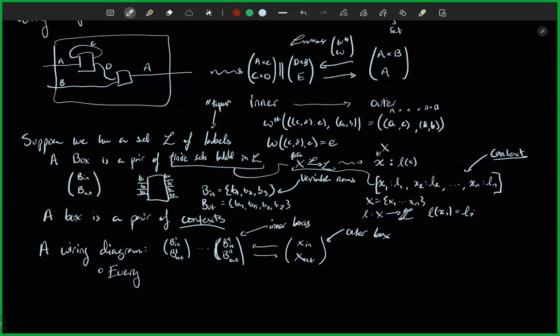And then we're going to give the rules for wiring, and the rules for wiring are going to be that every inner output is connected with a unique outer output, excuse me.